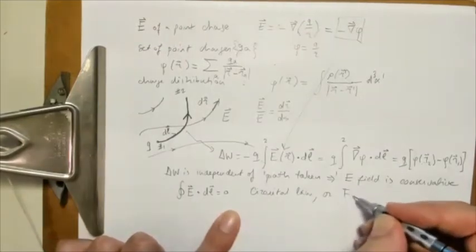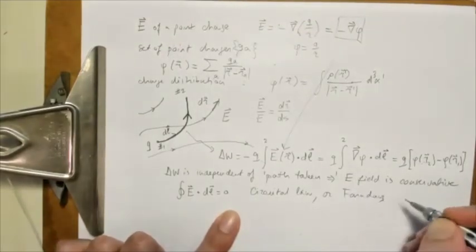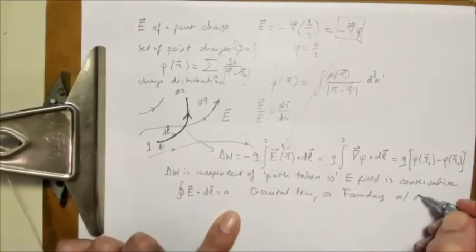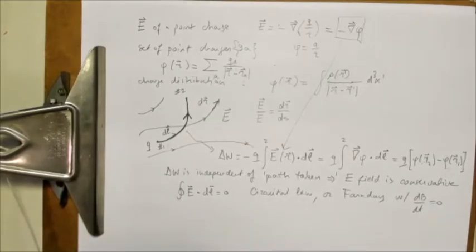Or Faraday with dB/dt is 0. Okay, so no time varying flux. Also no moving wires, but that's fine because we were doing this all in static fields.